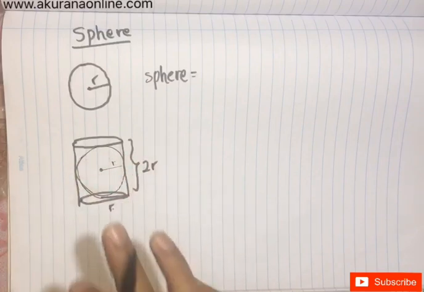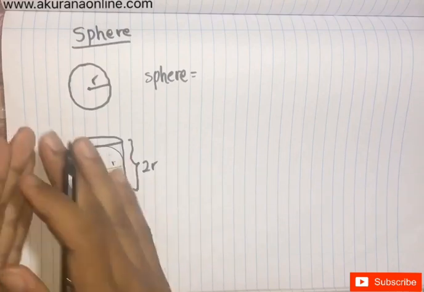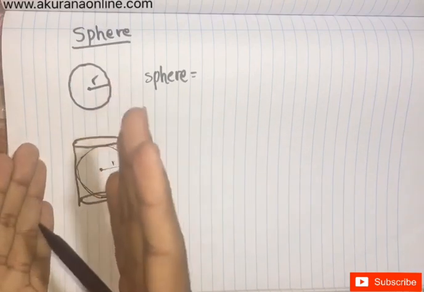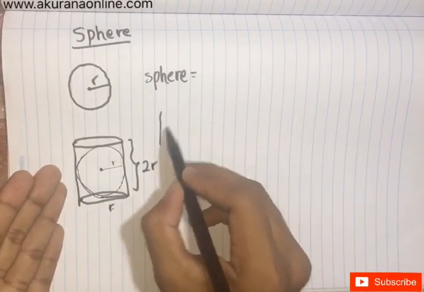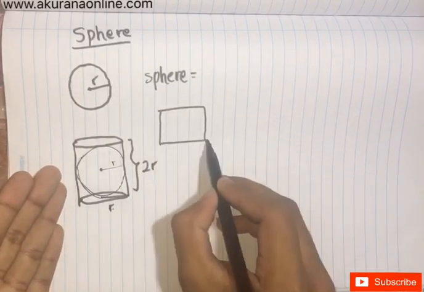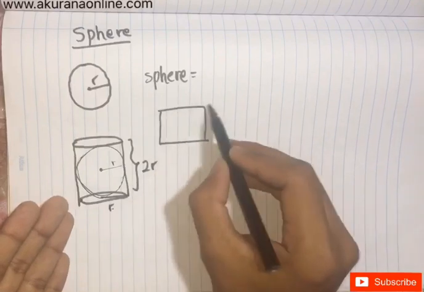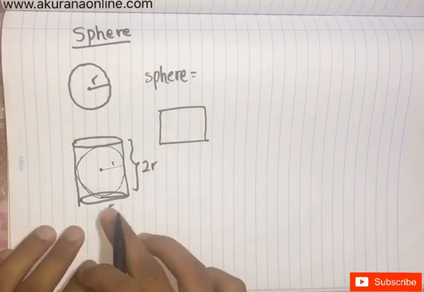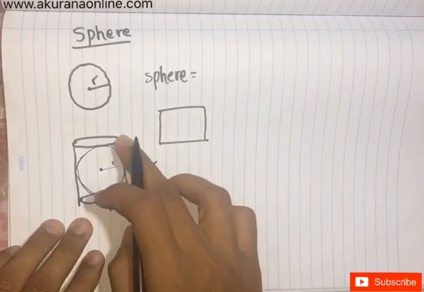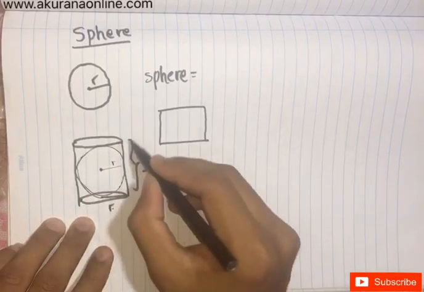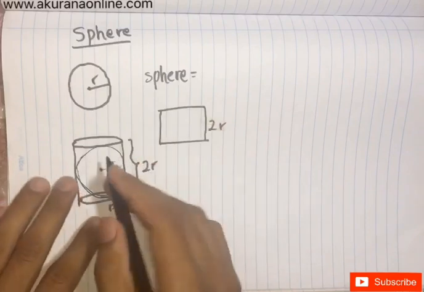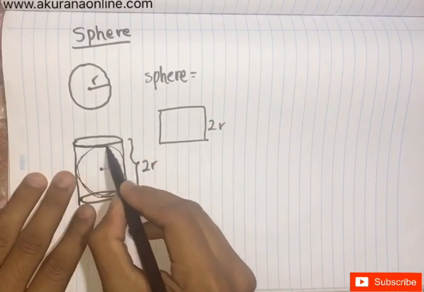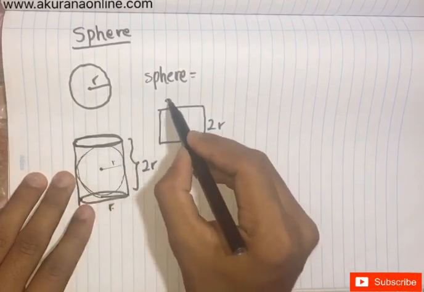Now if you take only the curved surface of the cylinder and cut it, as you have already studied, you will get a rectangle. This is the length and breadth. The breadth is given as 2r. What is the length? The length is equal to the total length of the circular part, that is 2 pi r.